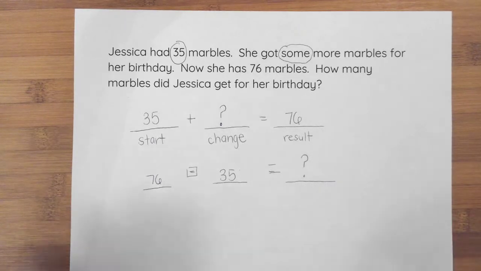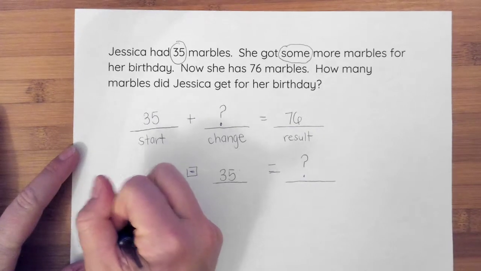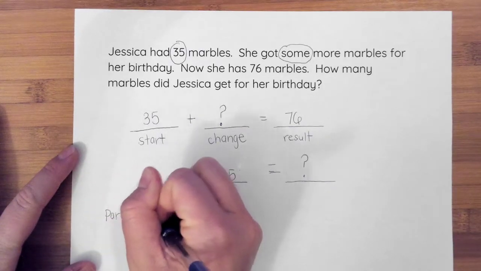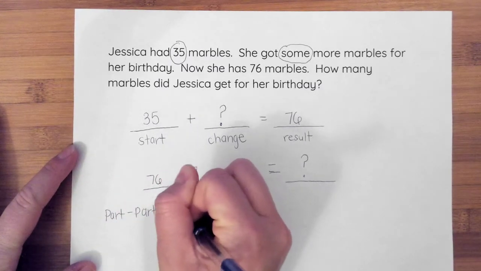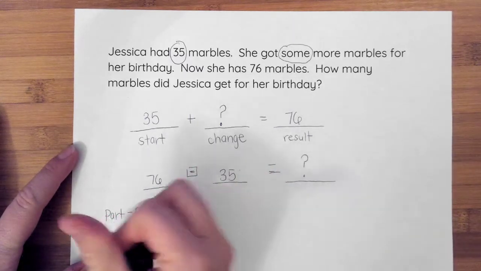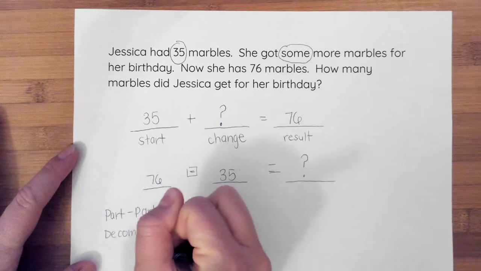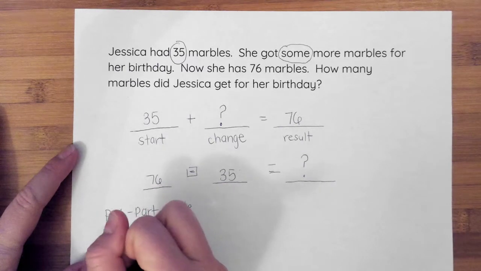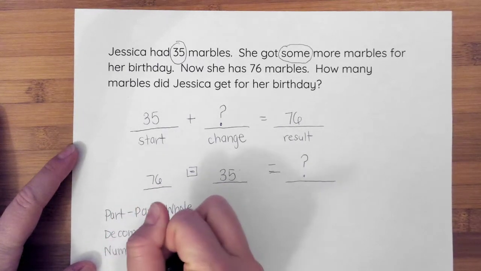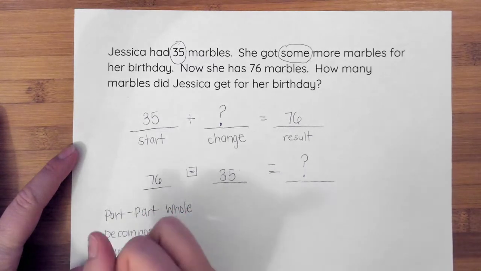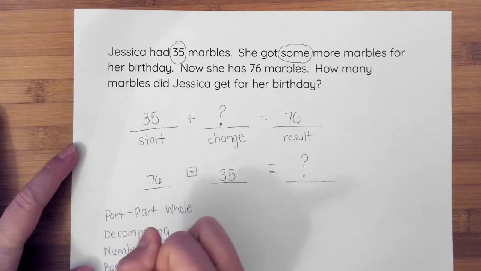Now you can use any of the strategies. Let's remember, so we did part whole. We have done decomposing. We've done a number line. And we've also done a base 10 picture.